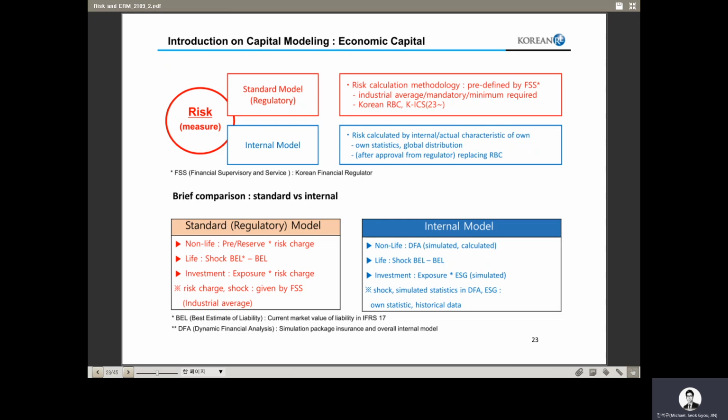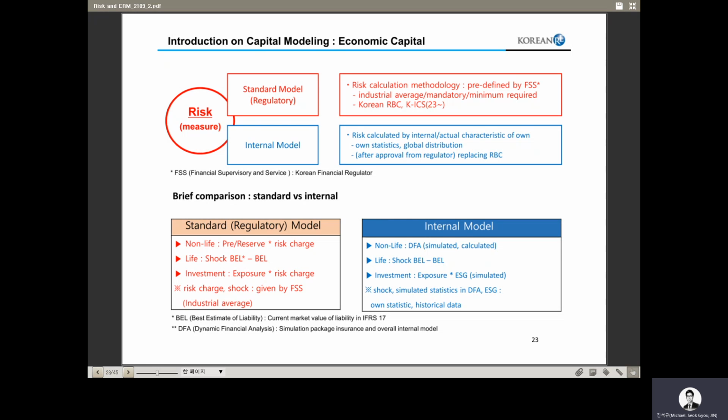And for life, we are using shocked BEL and BEL, same as the regulatory one, but the shock is from our own statistics. For investment, we are using exposures multiplied by ESG, which is also simulated.